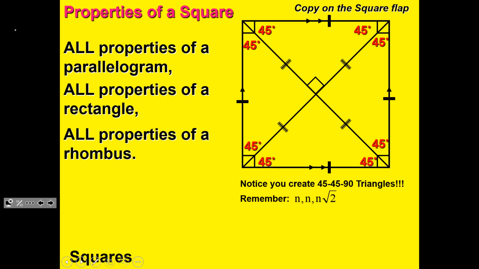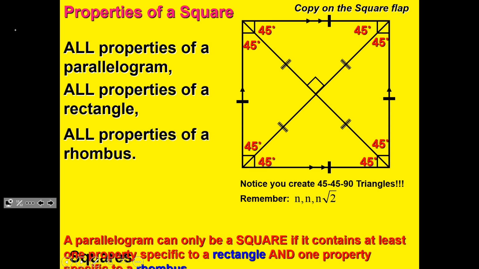So remember, if we know one of the side lengths is 11, then we know that the hypotenuse is 11 square root of 2. 11, 11, 11 square root of 2, or whatever our sides are. 7, 7, 7 square root of 2. 3, 3, 3 square root of 2. So you can use any variable. N, X is what we used on our notes a lot.